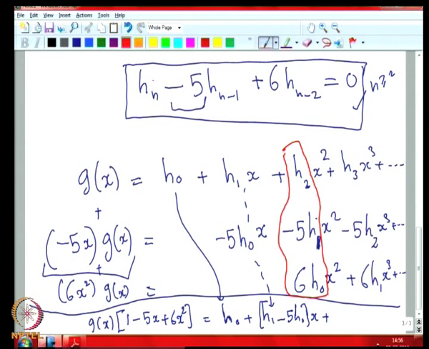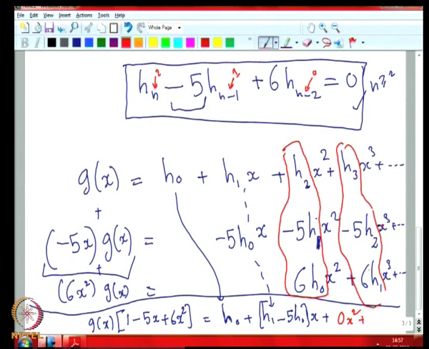When I put 2 for this, this will become 1, this will become 0. So this will become 0, right. So there will be 0 x square only here, plus here what is happening when I take this thing into x cube is what I will get here.